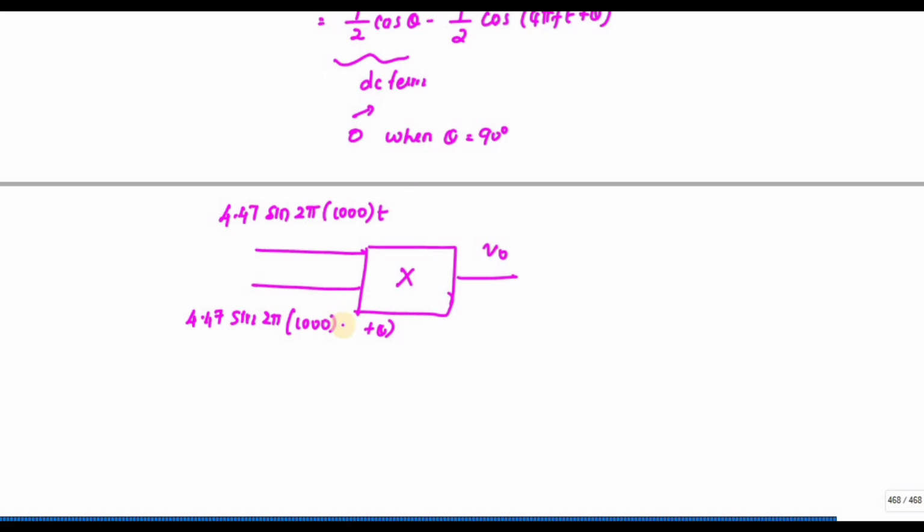This is my Vx. The signal is already there, and since it gets phase shifted, I'll get the output like this, right?